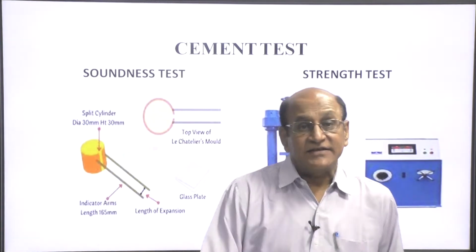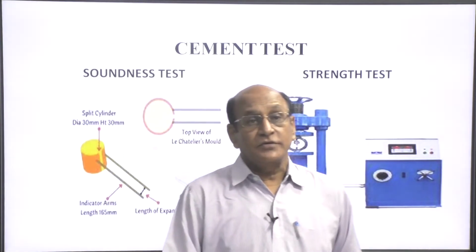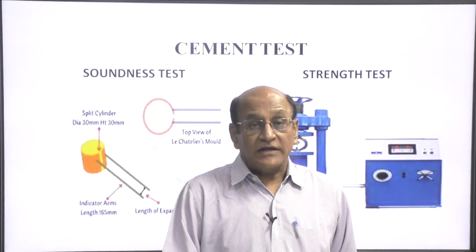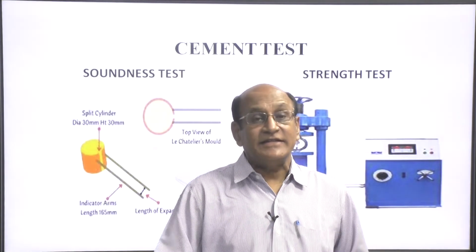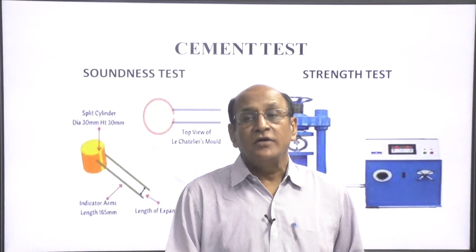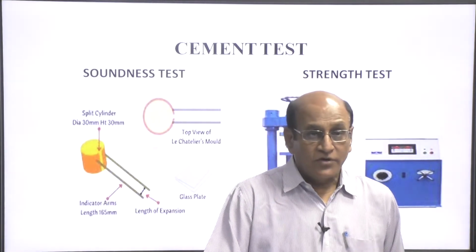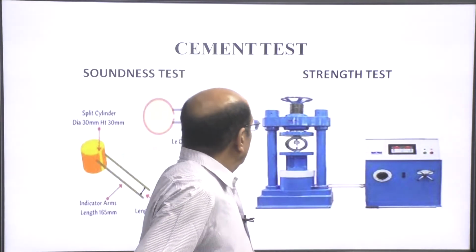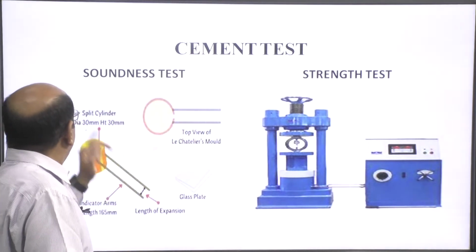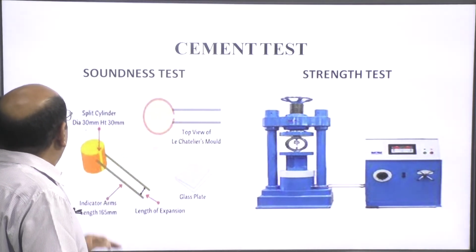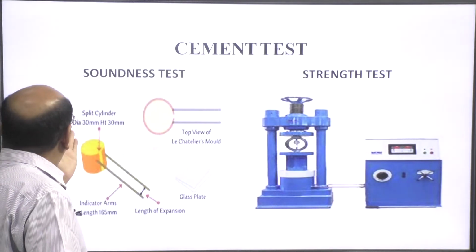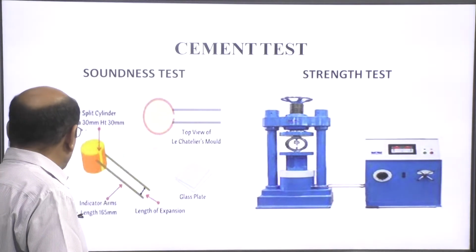Then the soundness test, it is a very important test, because if your cement is not sound, then there will be wide change in the volume, which creates a great problem for the structure. So, this is the split cylinder, diameter is 30 mm and height is also 30 mm.